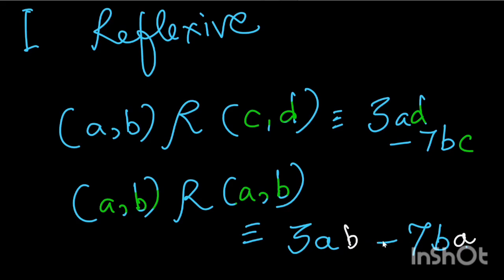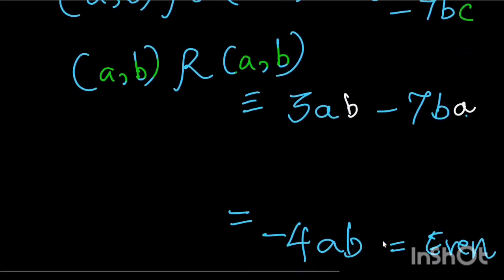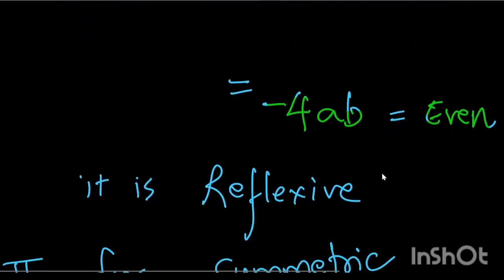So 3ab minus 7ab would be what, guys? It would be minus 4ab. Irrespective of a and b, since 4 is multiplied, it is definitely even, whether a is odd, even, or whatever. So reflexive is proved.